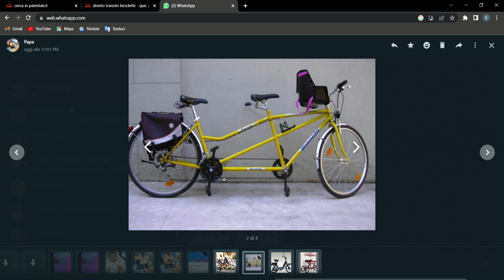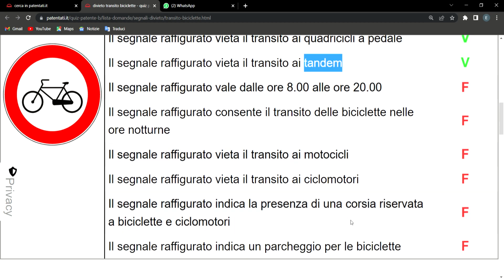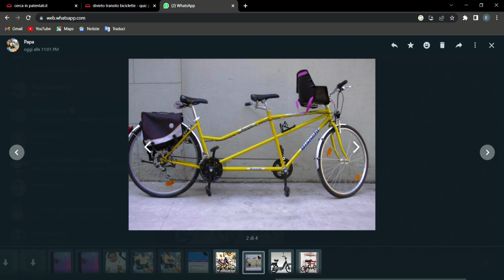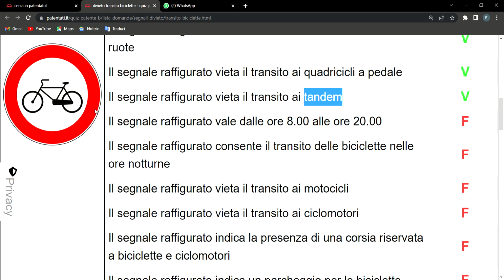So they will say this very sign, Divieto Transito Biciclette, forbids the transit of tandem. So whenever you see anything like this, these are tandem. So yes, it's vero. It forbids the transit of tandem. Tandem is also a bicycle, but the only difference is that it has more than 2 tires. So take note of this very term. This is not a tandem. You can see it is a bicycle, so very long, and the pedaling axis is more than 1. So that is the reason why this one is vero.